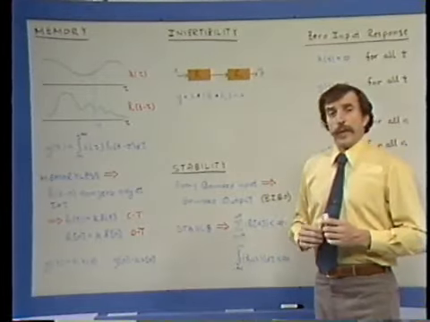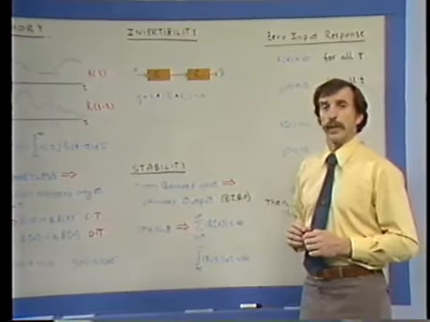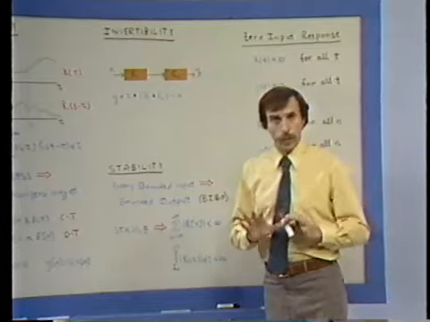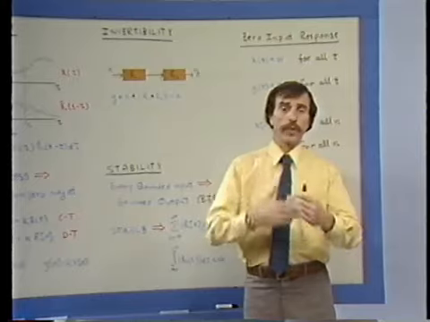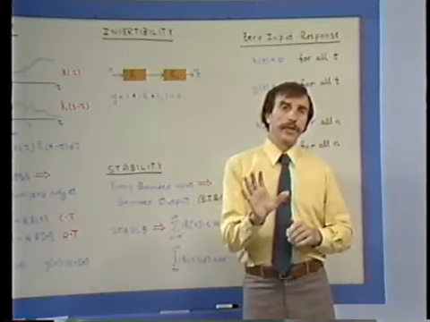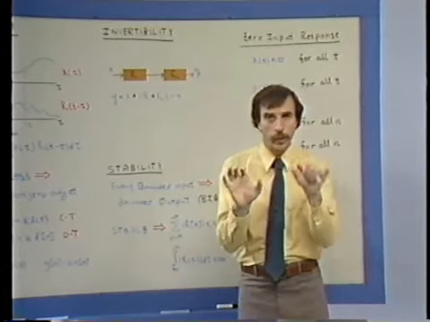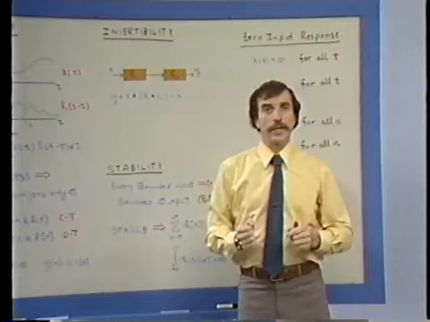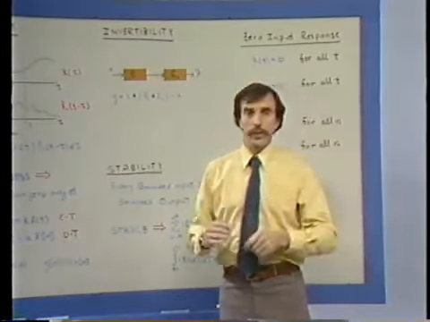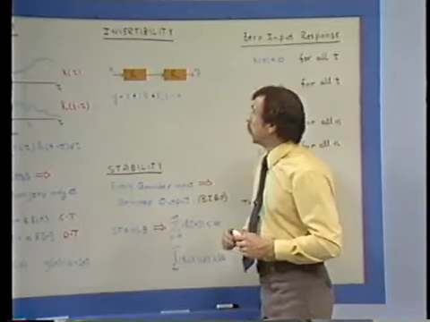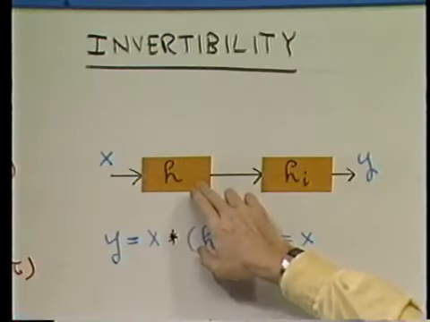All right, now we can turn our attention to the issue of system invertibility and recall that what is meant by invertibility of a system, or the inverse of a system, the inverse of a system is a system which, when we cascade it with the one that we're inquiring about, the overall cascade is the identity system. In other words, the output is equal to the input. So let's consider a system with impulse response h.